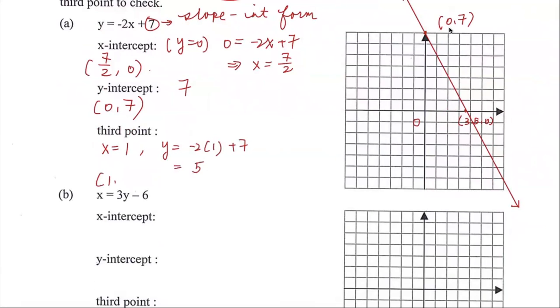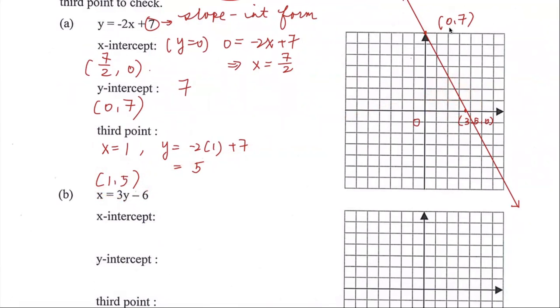So 1, 5, this point technically should be on the straight line. If we find this point on this straight line, that means the straight line is drawn properly. If this point is not on the straight line, that means there must have been some mistake in our calculation.